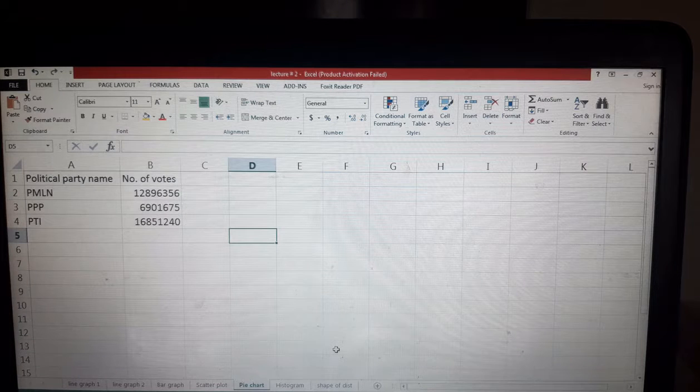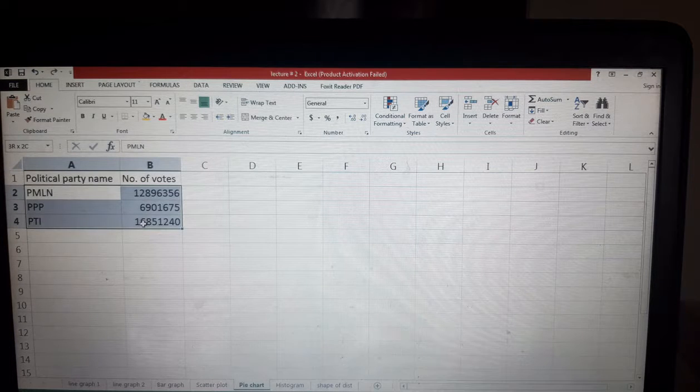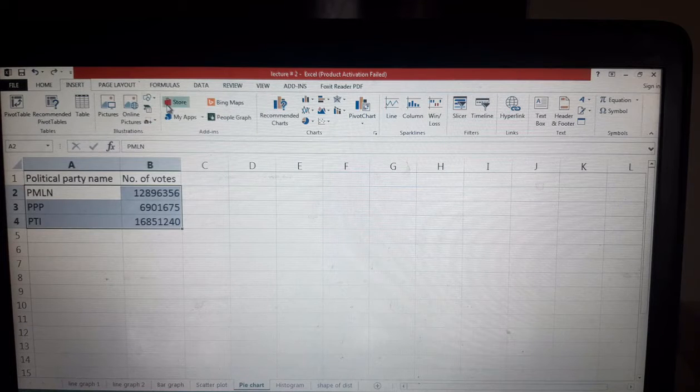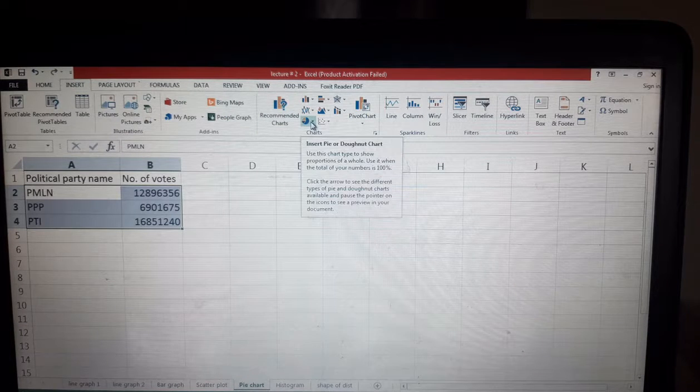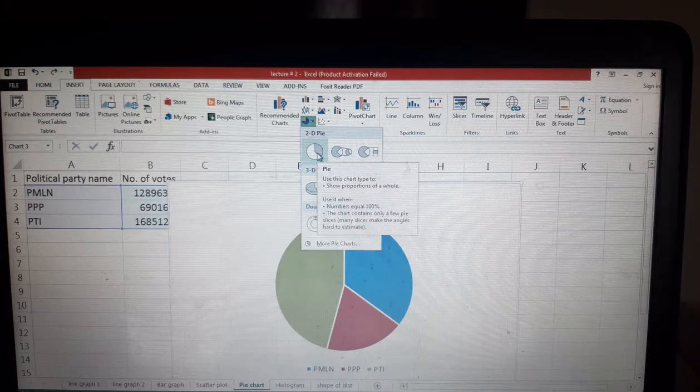You can also make a pie chart of this data. This is the data of the election of Pakistan 2018. Select the data without labels, insert Pie Chart, and click on Pie.